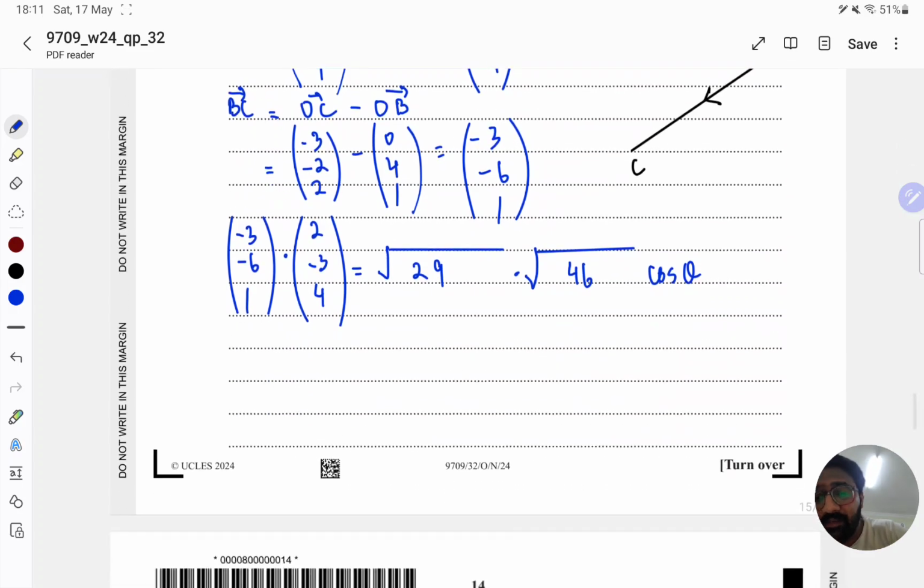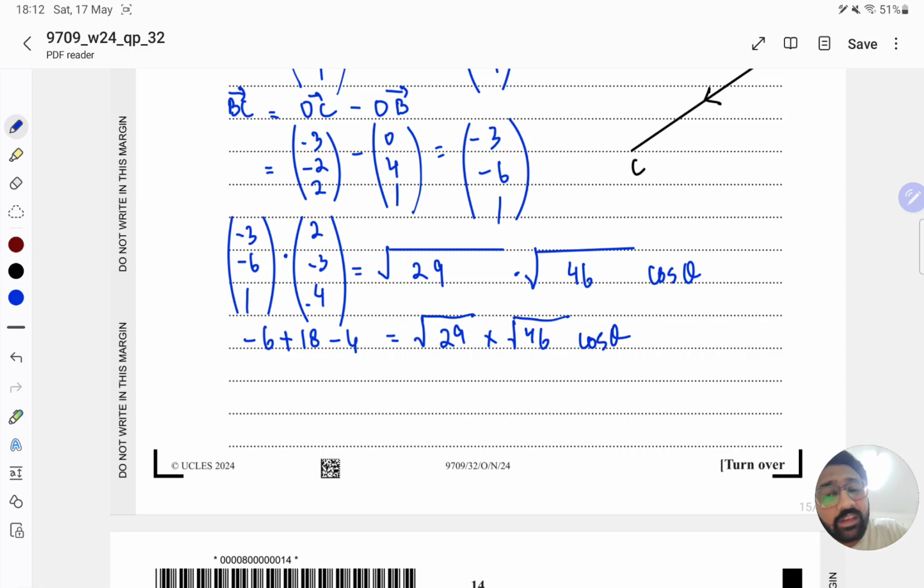Now on the left hand side, you multiply x with x, y with y, and z with z. So -6 plus 18 plus 4. This is going to be -4. Yes, so it's going to be -4. It's going to be square root of 29 times square root of 46 cos theta.